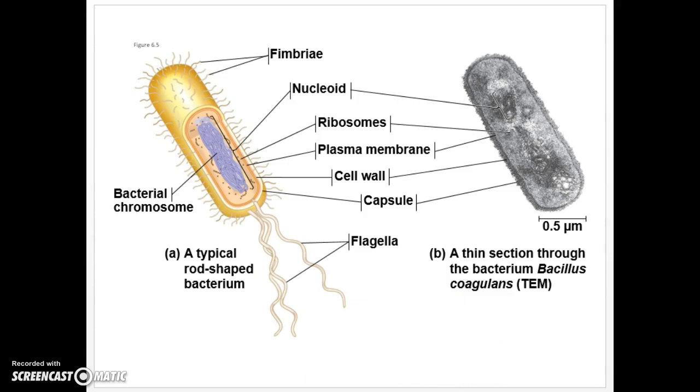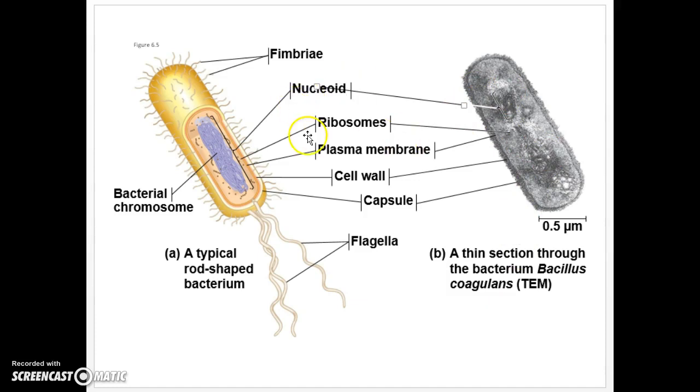Before we look at that, here's a close-up picture of prokaryotic cells. Remember that they do not have a nucleus. Instead, their DNA is found in a region called a nucleoid, and that word is right here. So that's where you would find the DNA of a prokaryotic cell. They do not have membrane-bound organelles.